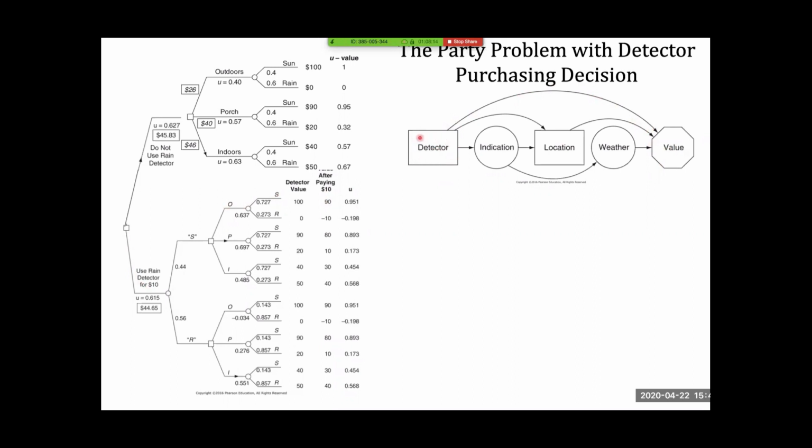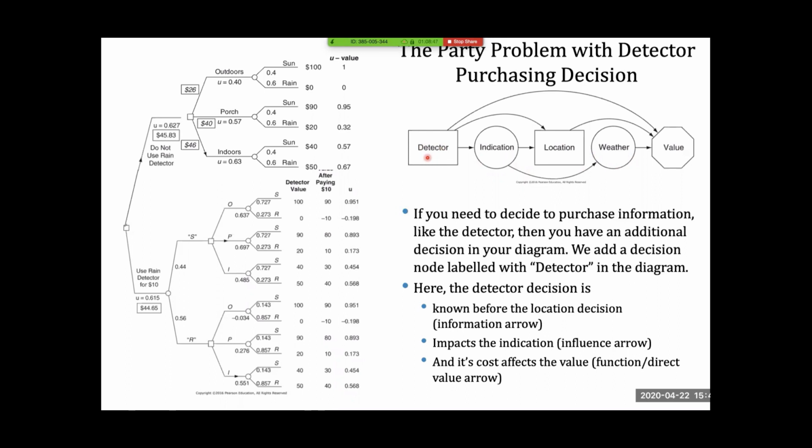However, whether you buy the detector or not doesn't influence how the weather is like. The indication of the detector influences that, but when you buy or not buy the rain detector, you're not changing the probability of the weather. The message from the detector does. So that is why we have the 3 arrows. This arrow means it impacts indication.